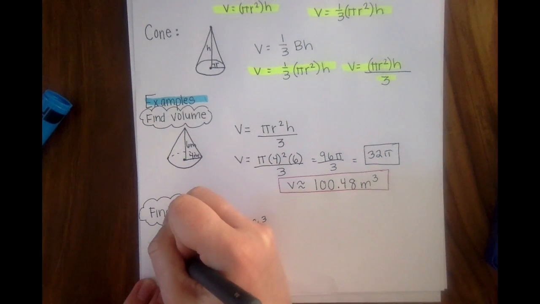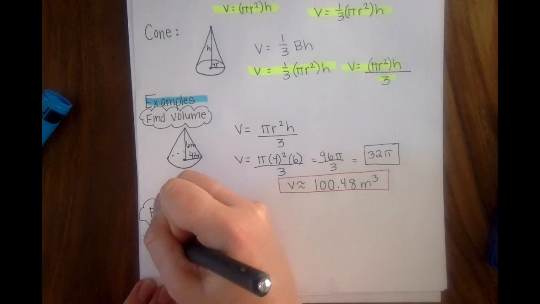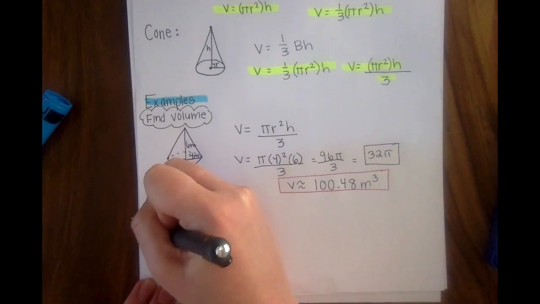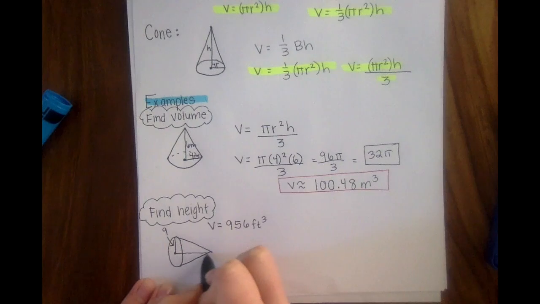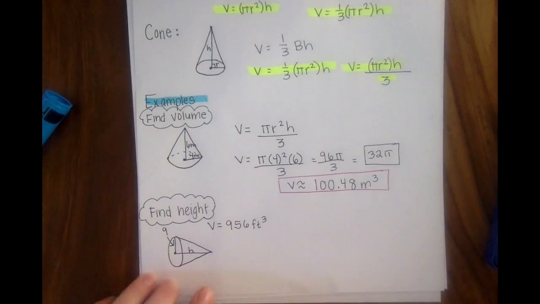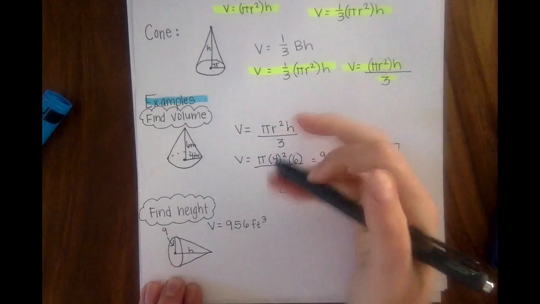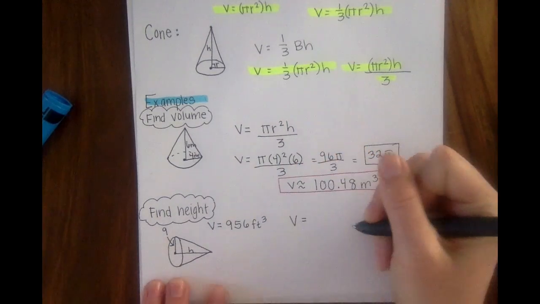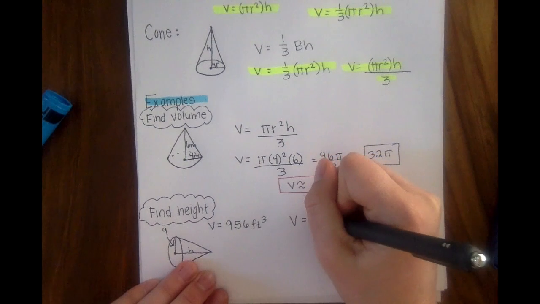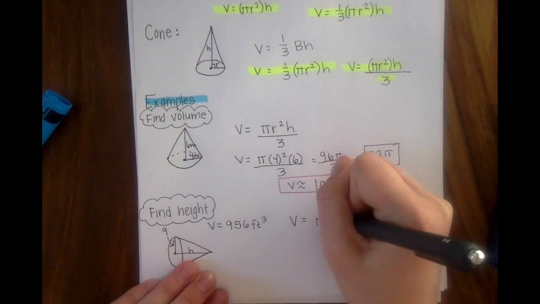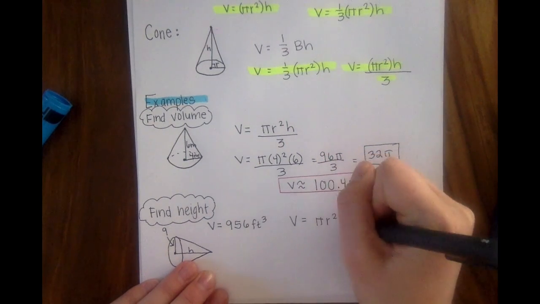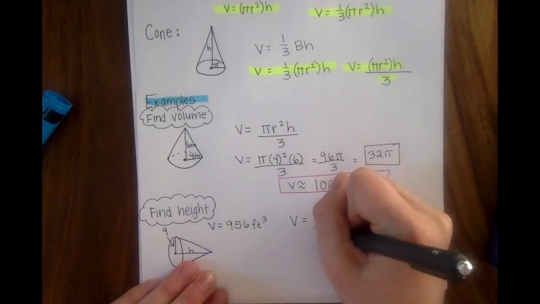And it gives you, here's my radius. My radius is 9, but I do not know the height. So all you have to do is say, well, my volume, I want to find the height. So I know that the volume is equal to pi times r squared times h over 3, or times 1/3.